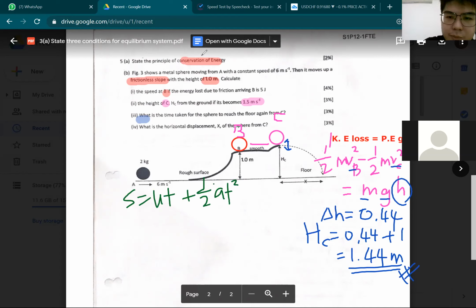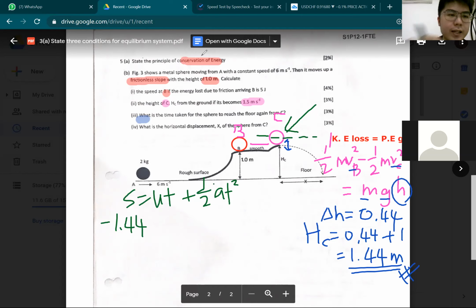At this point C, the velocity is 1.5, so we put in the formula. Here the s is minus 1.44. Why minus? Because it falls down. You're taking the reference point at the peak, at point C, at HC.